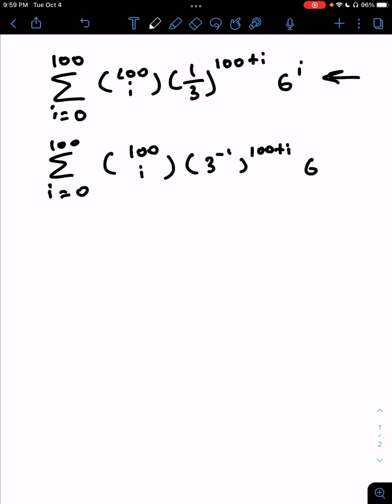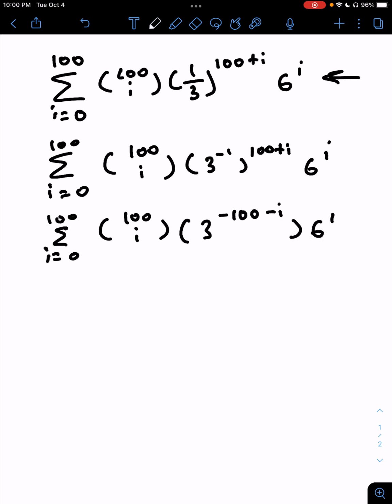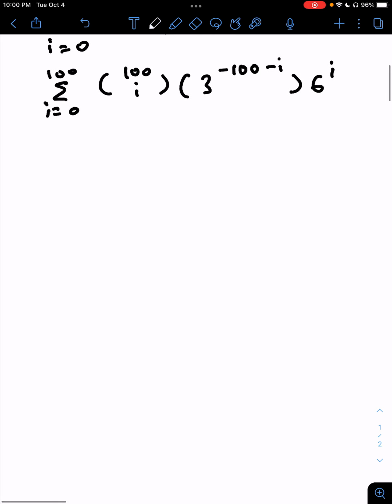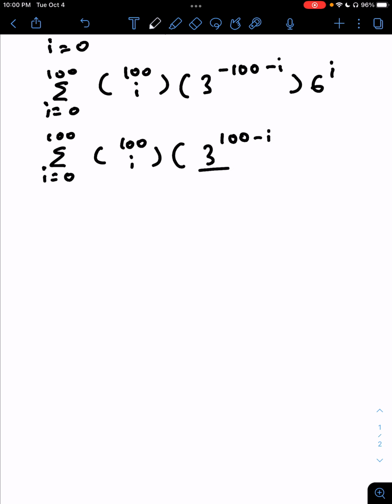So 100 choose i, 3 to the negative 1 to the 100 plus i, 6 to the i, and then you redo all this. 3 to the negative 100 minus i, you could write that down as 3 to the 100 minus i divided by 3 to the 200, 6 to the i.